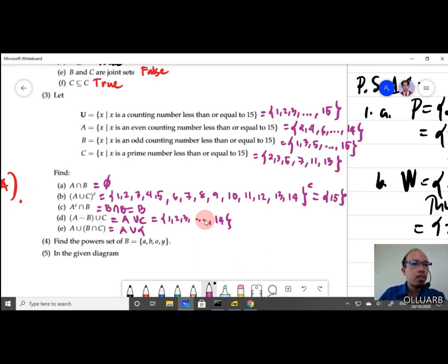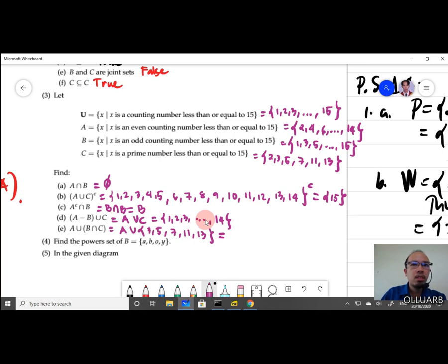So B intersection C is 3, 5, 7, 11, and 13.